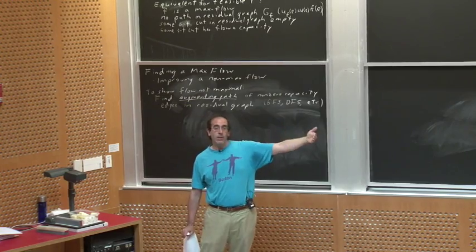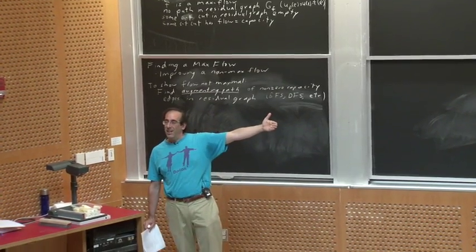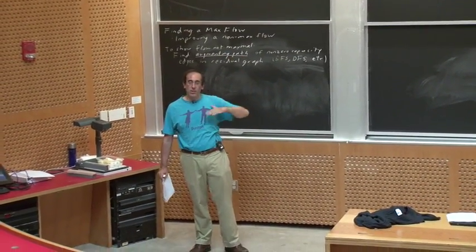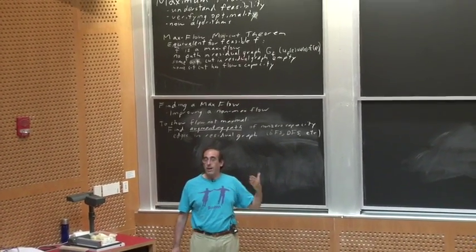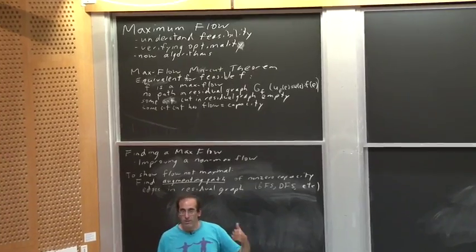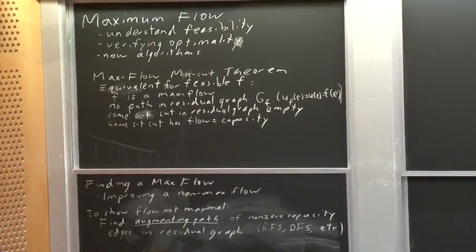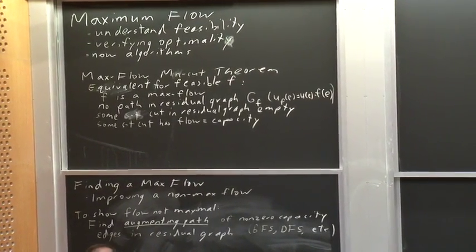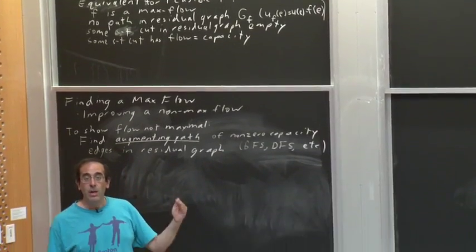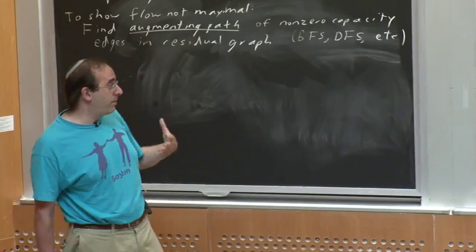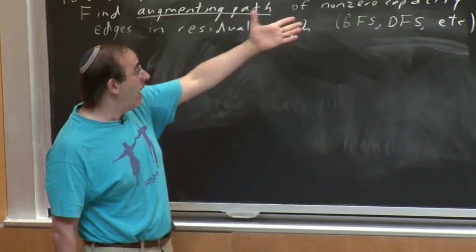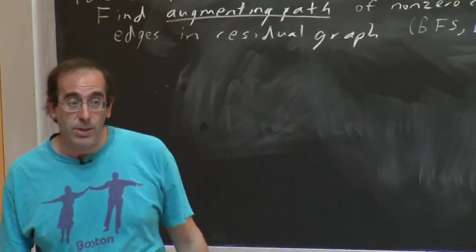Why is it that I can't reach anything on the other side? Well, because all of the edges crossing to the other side are missing from the residual graph. Why are they missing? Because they're already saturated. So we have a saturated min cut with no capacity in the residual graph, which proves that our flow is maximum. So if our flow is not maximum, then by the contrapositive, there is an augmenting path, and we can find it using this procedure.